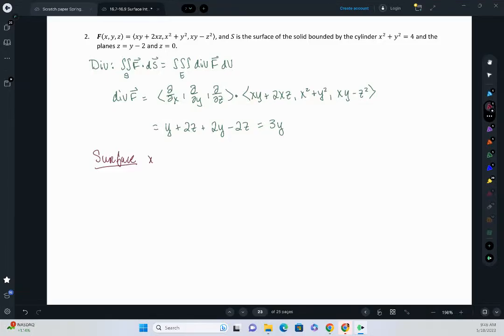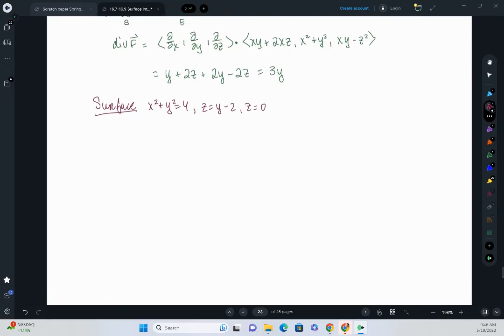We're dealing with x squared plus y squared equal to 4, z equal to y minus 2, and z equal to 0. All right, z equal to y minus 2 has intercepts that are a little bit different from what we're used to. Looks like we're going to be dipping below the xy plane.